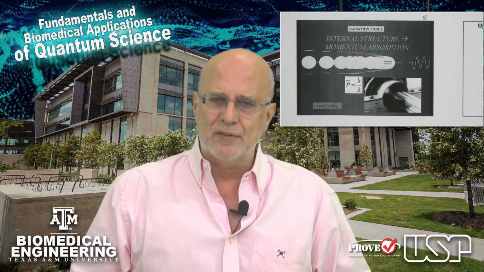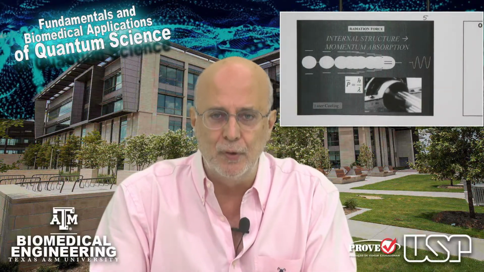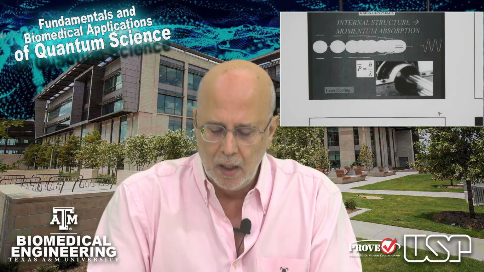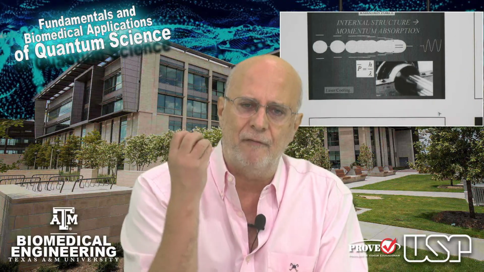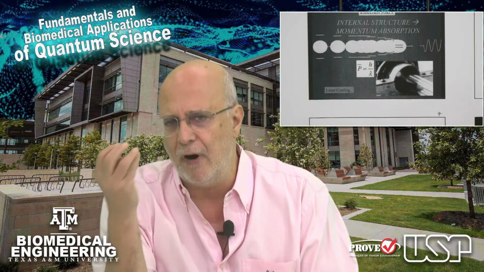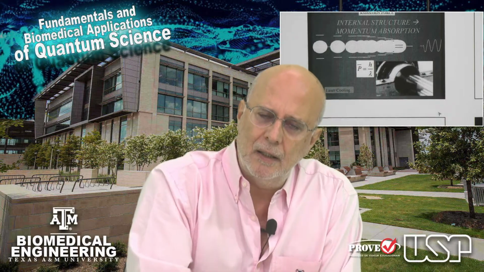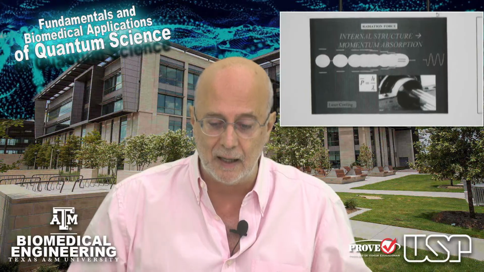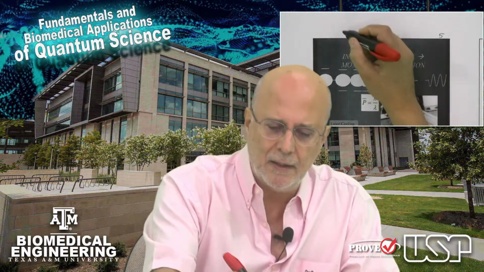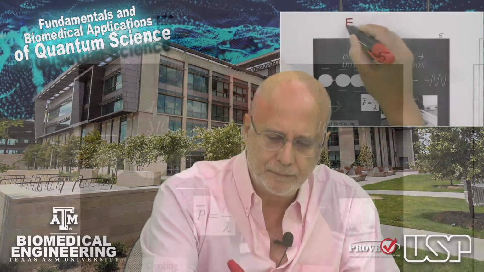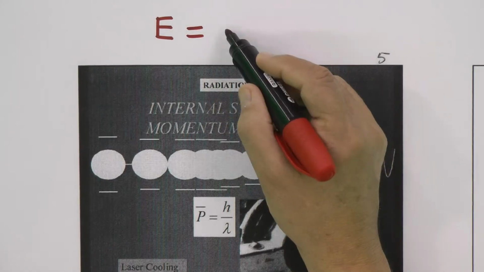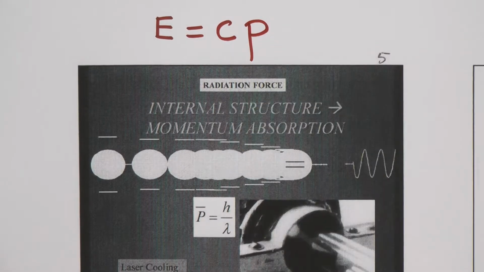Now, to start to put this down, we have to use a very interesting quantum mechanical property of light. I told you that light has the photon, and I told you the photon has energy. But nothing is more relativistic than light, and the energy is actually c times the momentum.